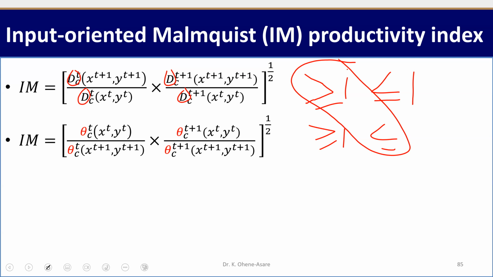It means that the particular DMU that we are assessing is inefficient. Suppose the value here is 1.25. What are you saying? I'm saying that the firm or the DMU that we are assessing is inefficient by 25%.